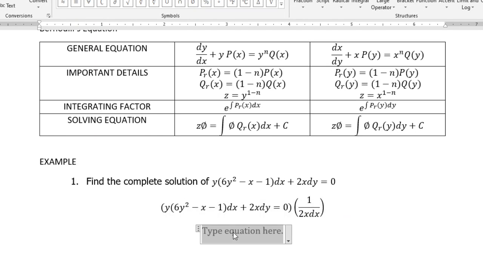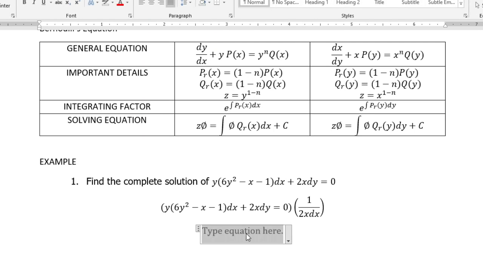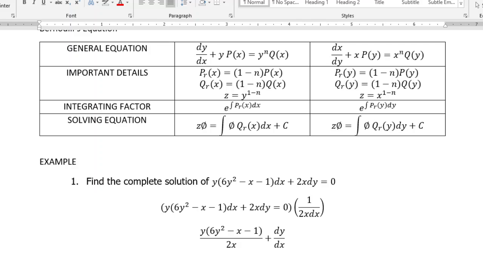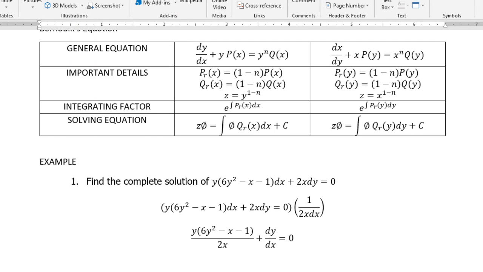So, ang magiging equation will be y multiplied by 6y squared minus x minus 1, all over 2x, plus, siyempre, matitira lang dito is dy over dx, equal to 0. And then, simplifying further. Simplify lang tayo.